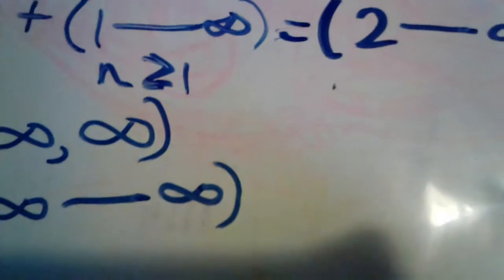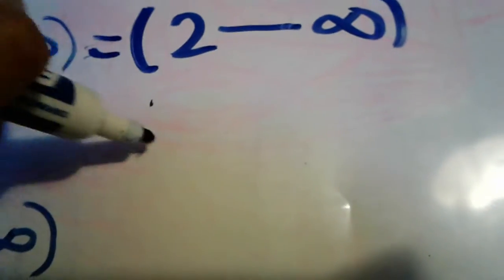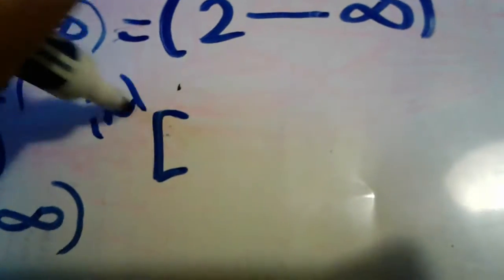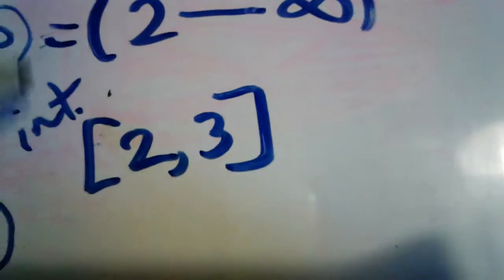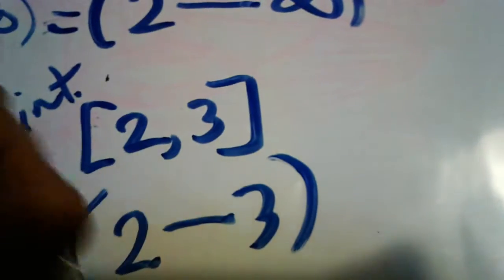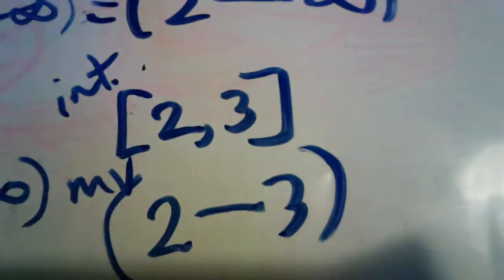So this is the only time where open brackets are applicable, when we're dealing with interval notation, which is not a multi-value. Like 2, 3, it's the same as 2, 2, 3 for a multi-value.